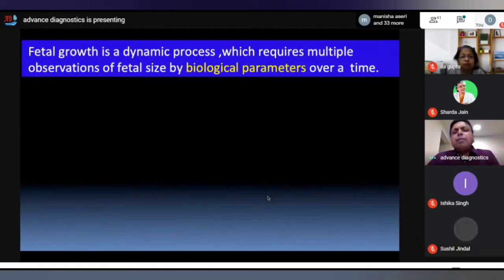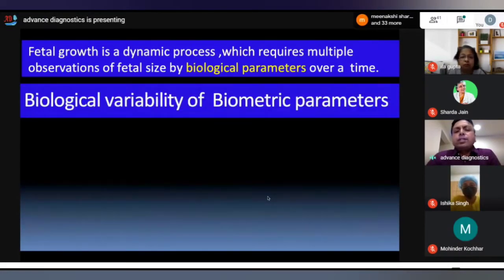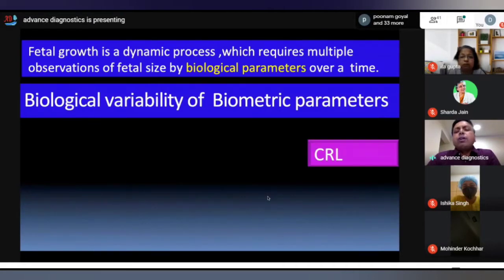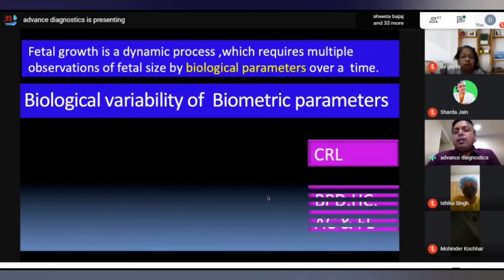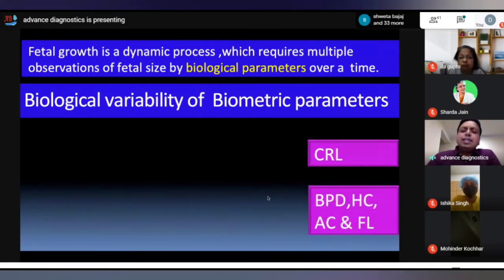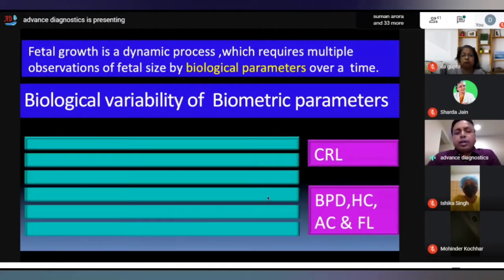But fetal growth is a dynamic process, and it requires multiple observations of fetal size by the biological parameters over a period of time. So these biological parameters may be CRL or BPD, HC, AC, or FL, or the estimated fetal weight.